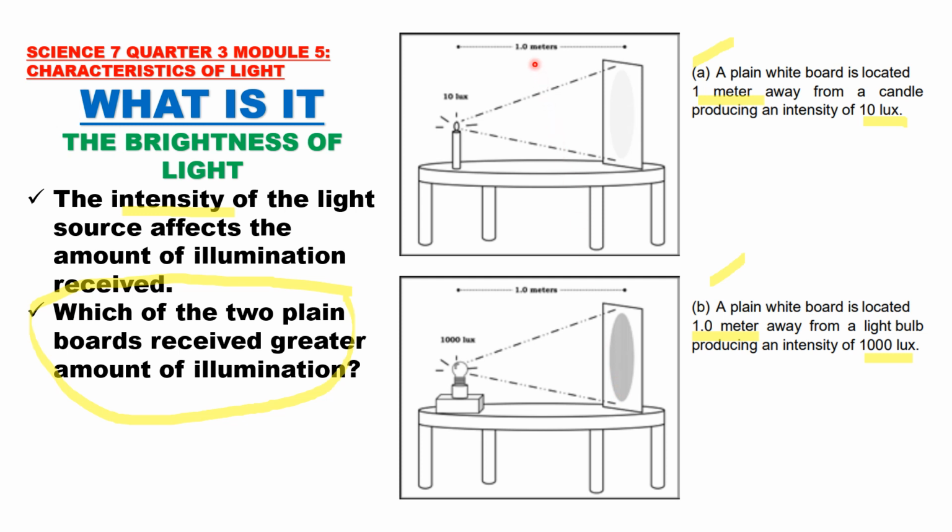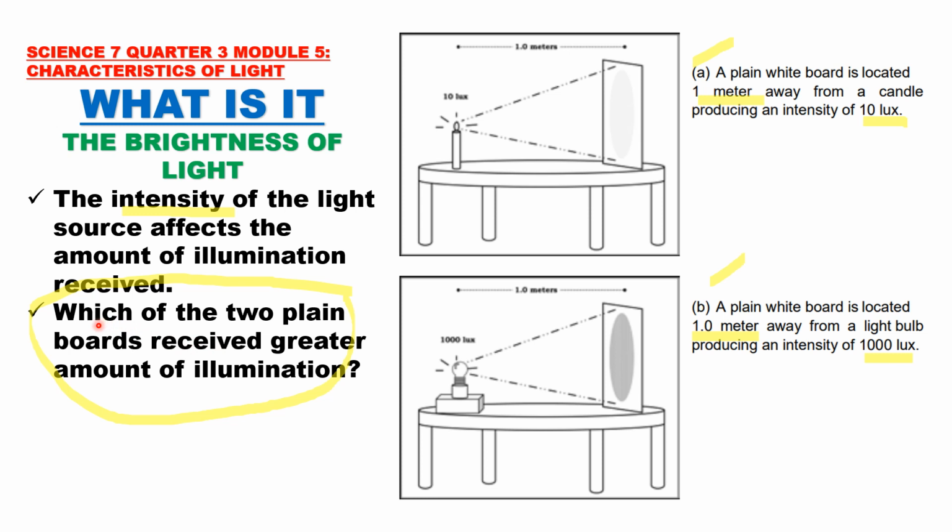So, dito sa figure A and B, ang distance ng ating light source from the plain whiteboard ay parehong 1.0 meters. Ang pinagkaiba nila this time ay yung intensity ng kanilang light source. So, sa letter A, 10 lux yung candle. Tapos sa letter B, yung ating light bulb ay 1,000 lux.